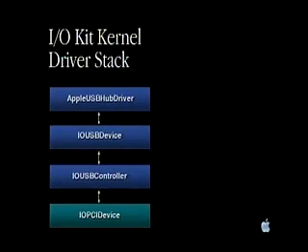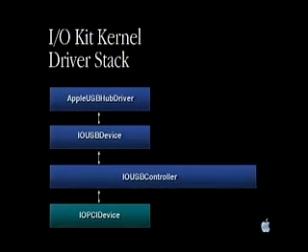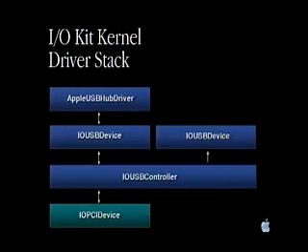The hub driver sits there waiting for devices to get plugged in, and for example, if you suddenly plugged in a pair of speakers, the Apple USB hub driver will notice, it will enumerate those speakers, and it will create an I/O USB device and attach it to the I/O USB controller.